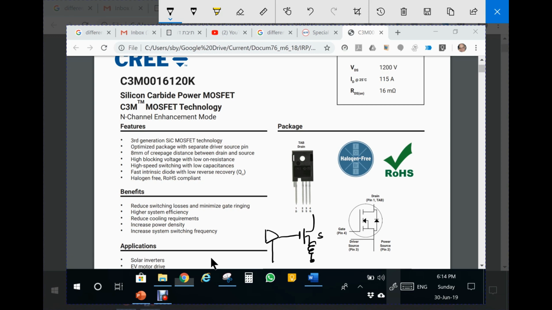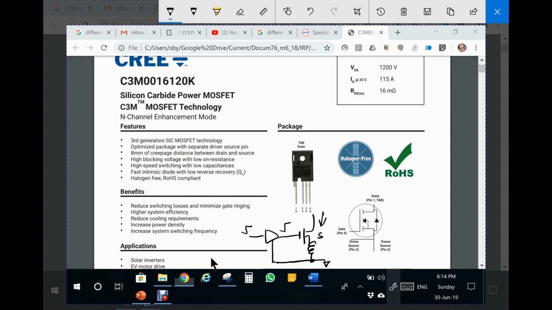Now, normally, we're going to have the return of this driver connected to the general ground of the system. Now, if you feed in a signal here, then this transistor starts to conduct, and as the current starts to build up, there is a problem because there is this stray inductance, and therefore there is a large voltage drop. It will take a while until the current builds up.